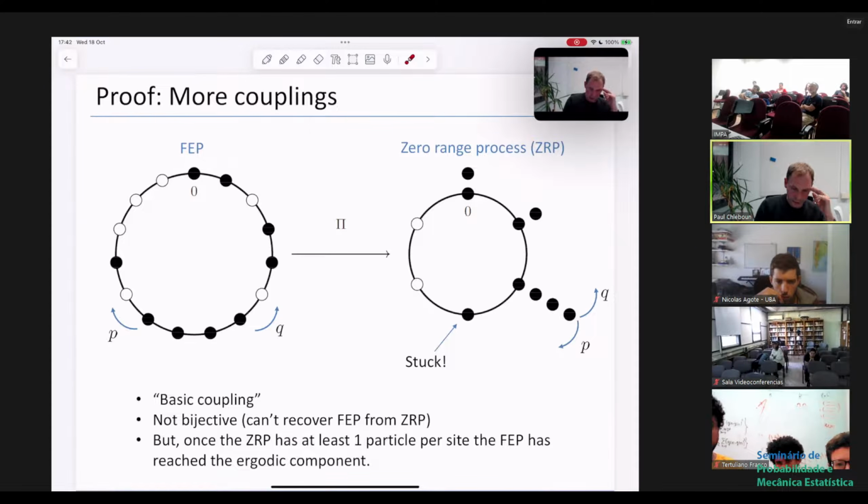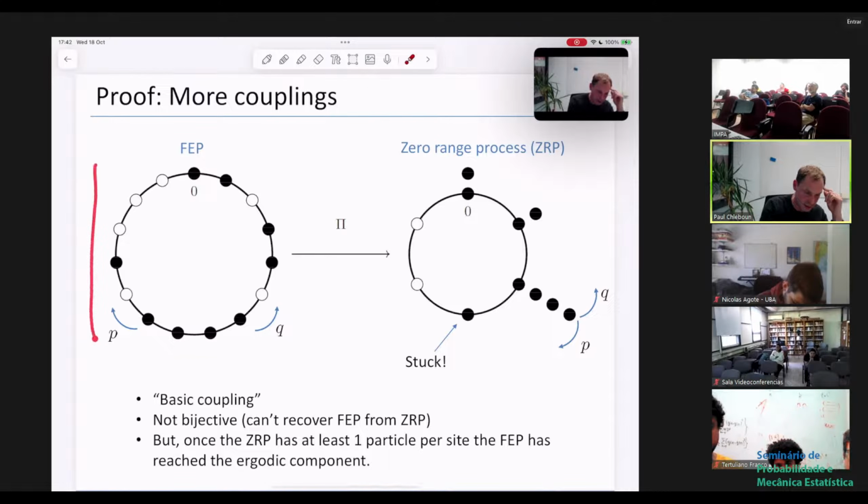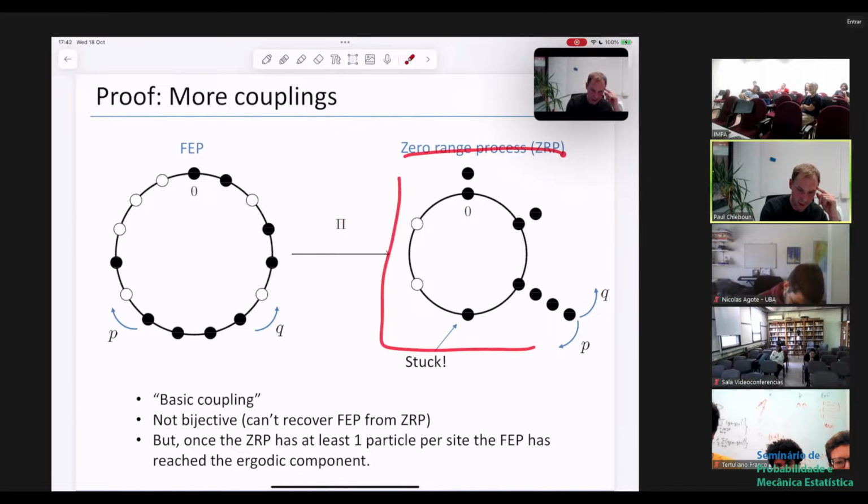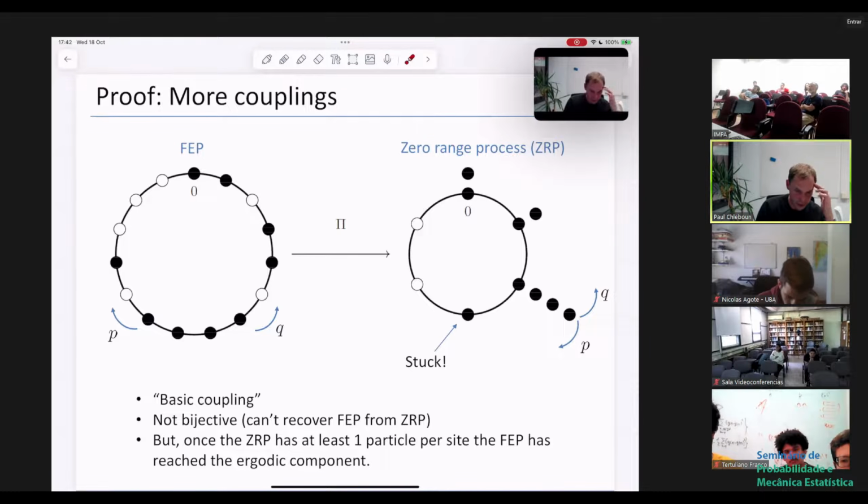Okay, so just for the sake of having some monotonicity, the first thing we can do is to map this facilitated exclusion process on the ring to a zero range process on the ring. This is not bijective. You lose some information about the rotation of the original system. But the mapping is just that.